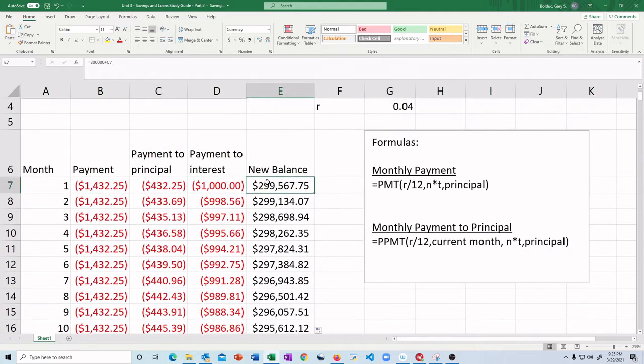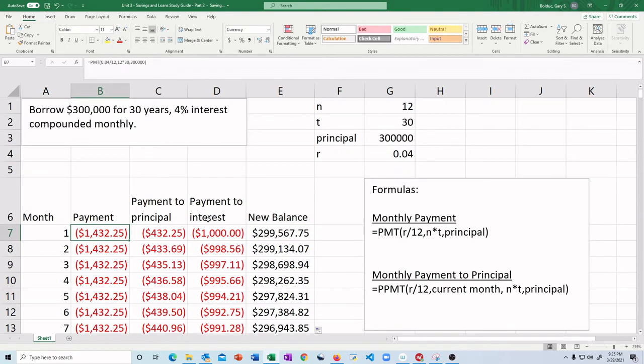So a couple things to think about here, just to kind of notice when you have a loan, especially one as large as this one and paying off over so many years, when you first are paying things off, you're actually paying the interest mostly, right? $1,000 toward interest, $400 towards principal.